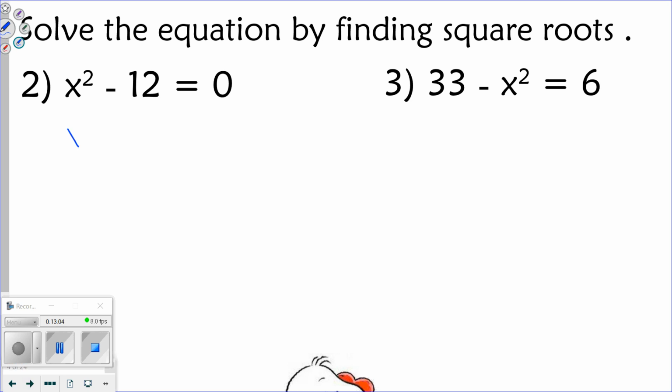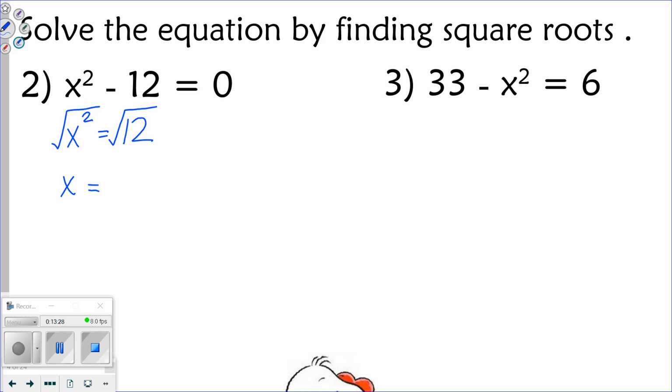Let's add the 12 to the other side. Because step 1 is to isolate your squared, the x squared or parentheses. Once it's isolated, you take the square root of both sides. Square root of x squared, it's just x. Is the square root of 12 nice and pretty? No. Do I type it in my calculator and get a decimal?